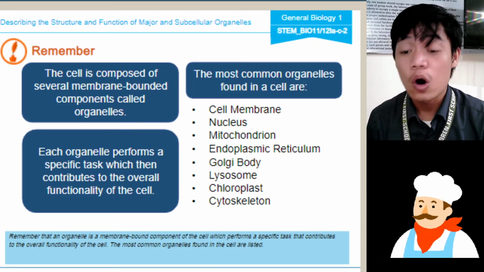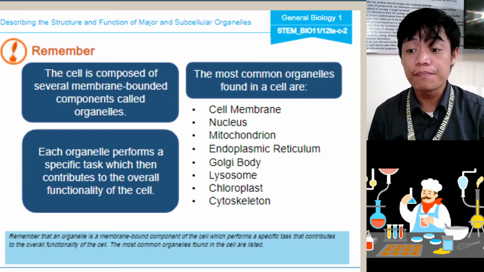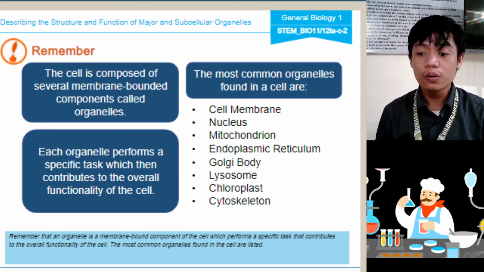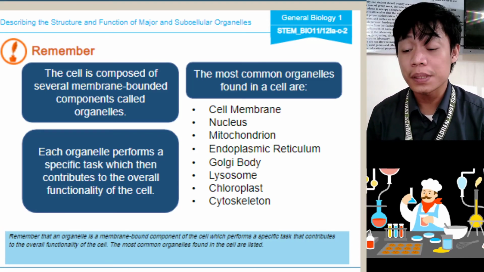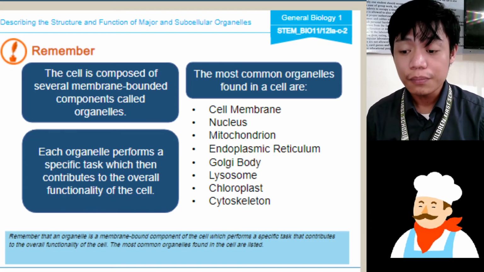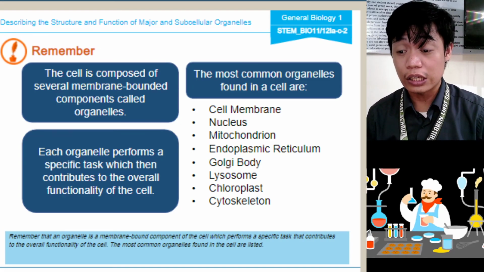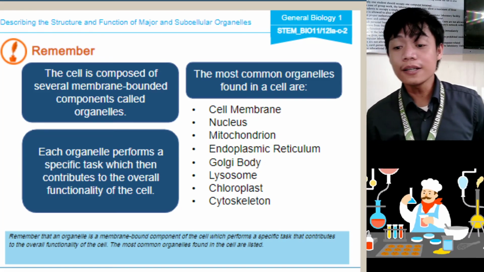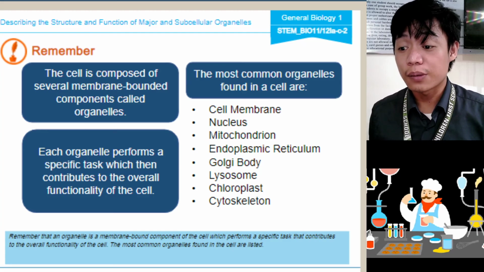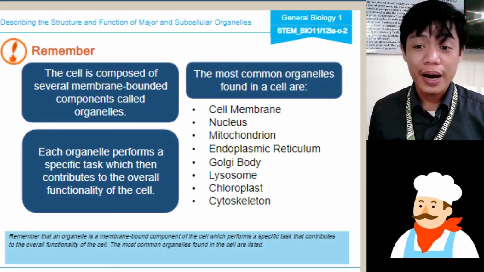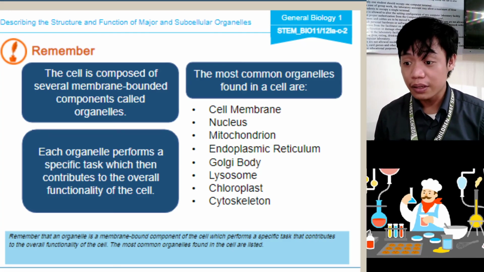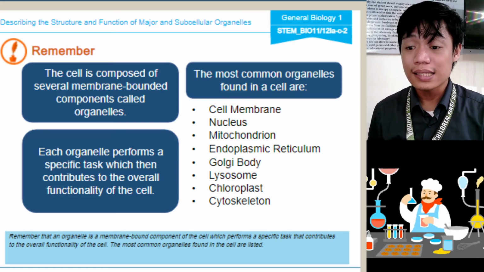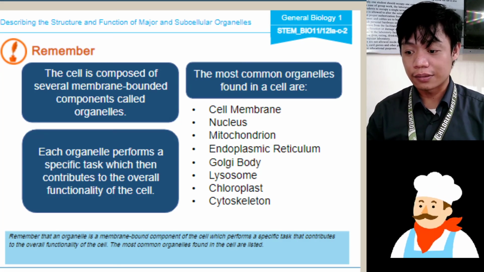Each organelle performs a specific task which contributes to the overall functionality of the cell. The most common organelles found in cells are: the cell membrane, nucleus, mitochondrion, endoplasmic reticulum, Golgi body, lysosome, chloroplast, and cytoskeleton.